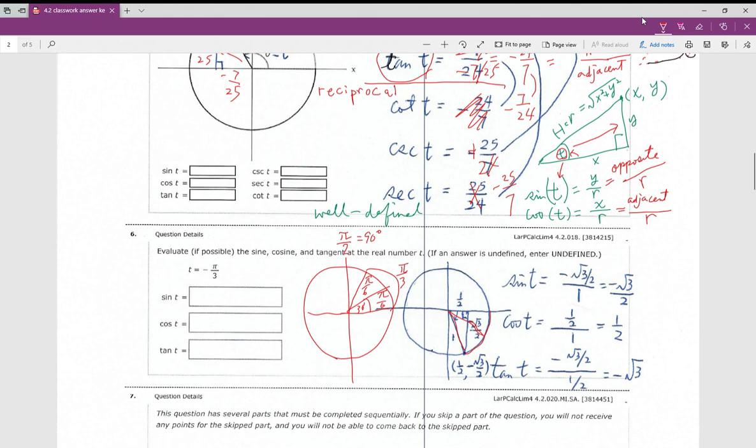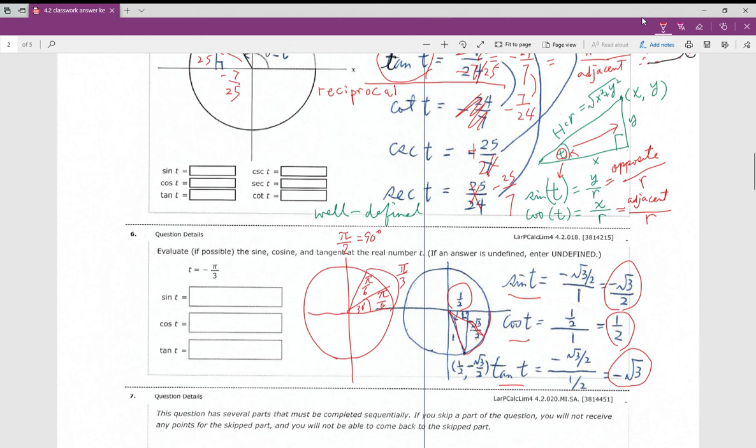In the next video, I'm going to show you how you calculate those numbers, like square root of 3 over 2, and positive 1/2, how you find those values. I think we talked about it in Algebra 2, but we didn't relate those numbers to sine, cosine, tangent. That's why I need to review the concept again.